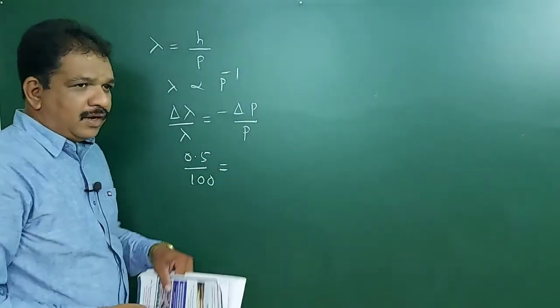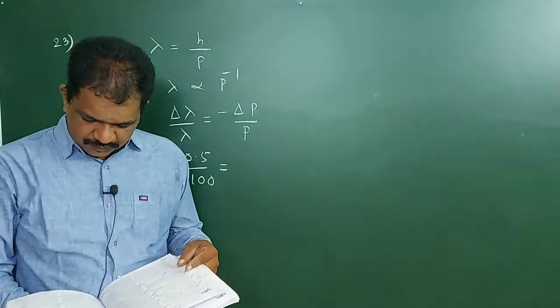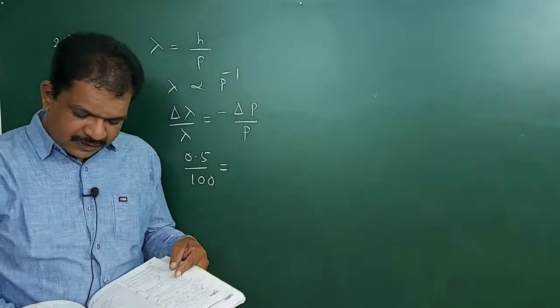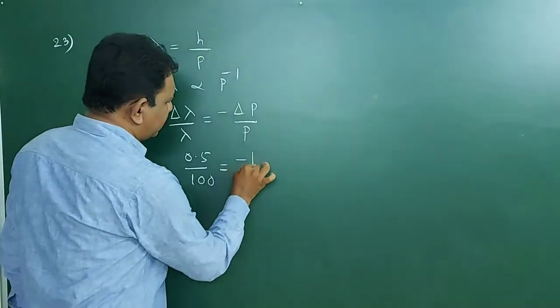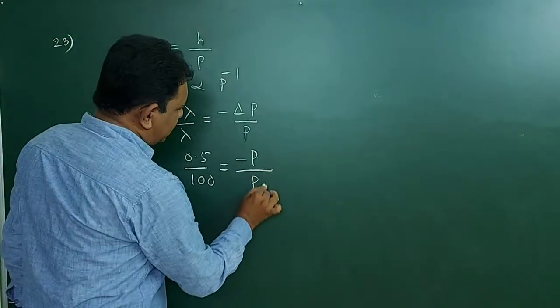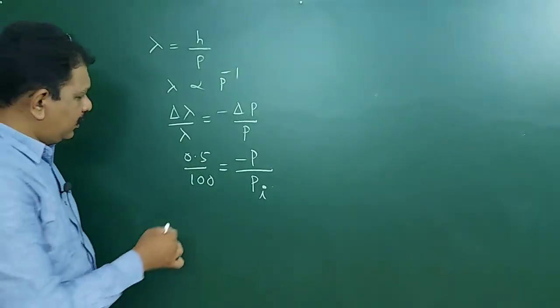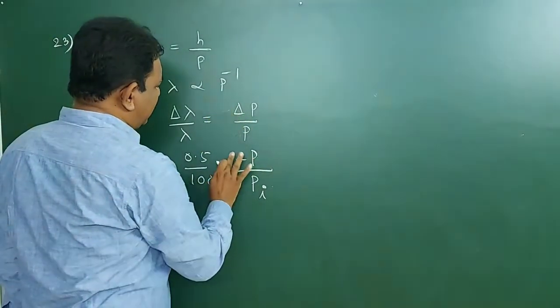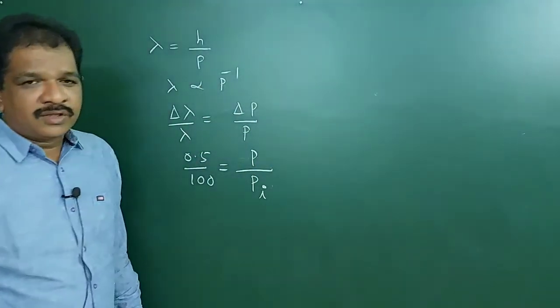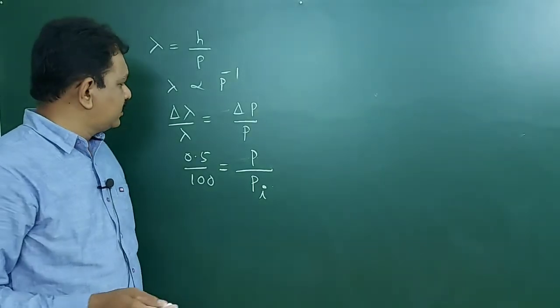This p value, they gave this as p. Let this be the initial momentum. The negative sign is just indicating that both are inversely proportional to each other.